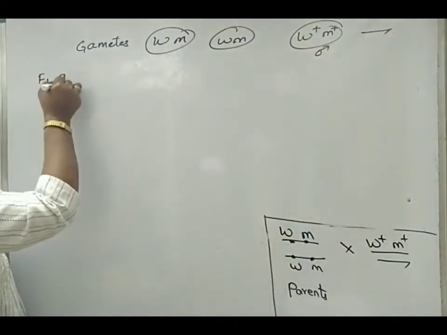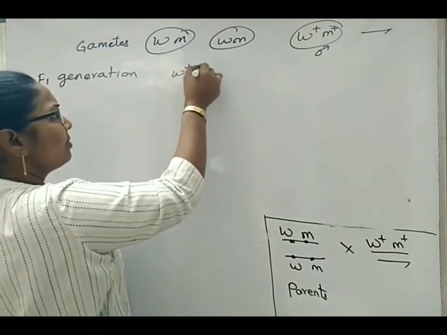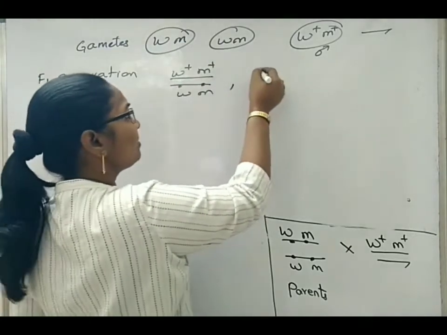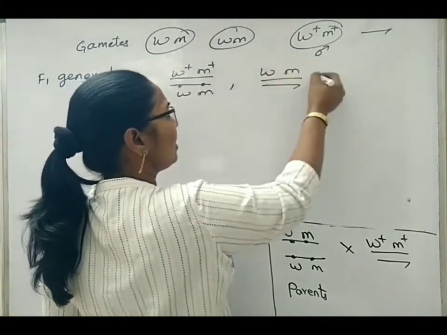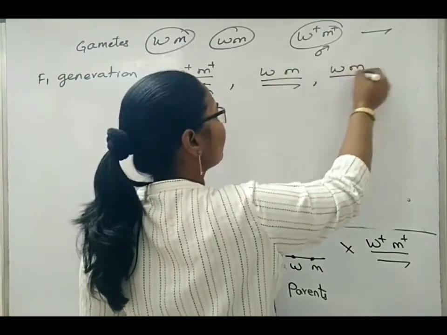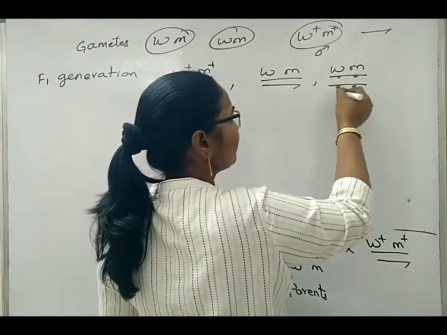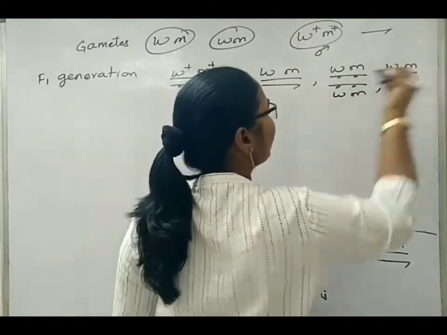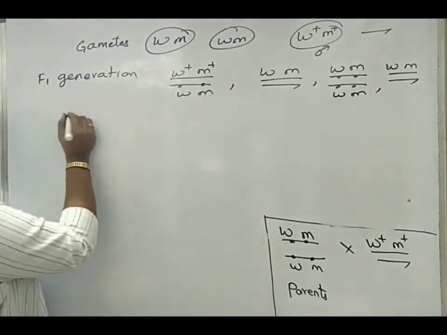In F1 generation, we will get the offsprings, one type, another type, third type, and fourth type.